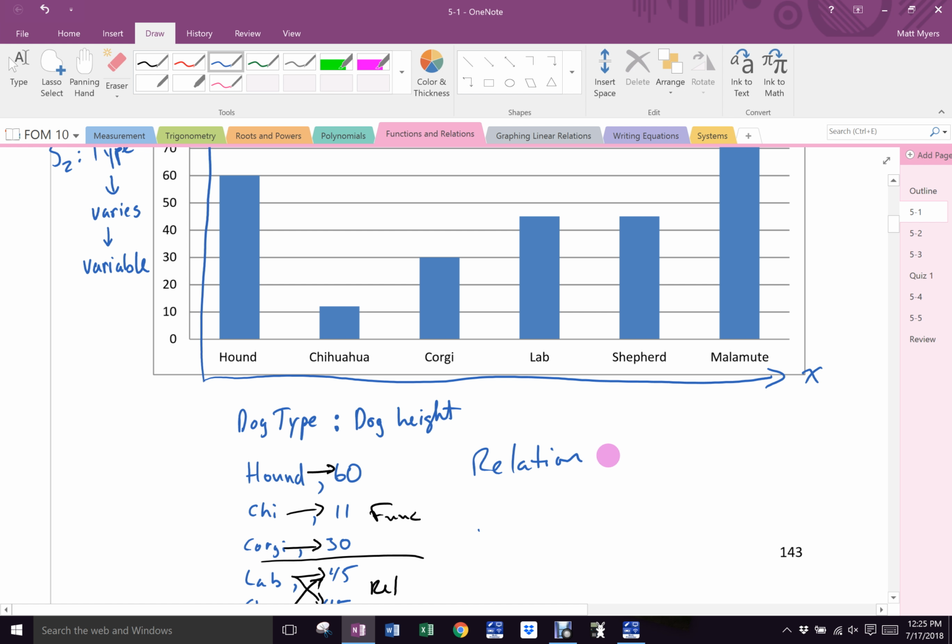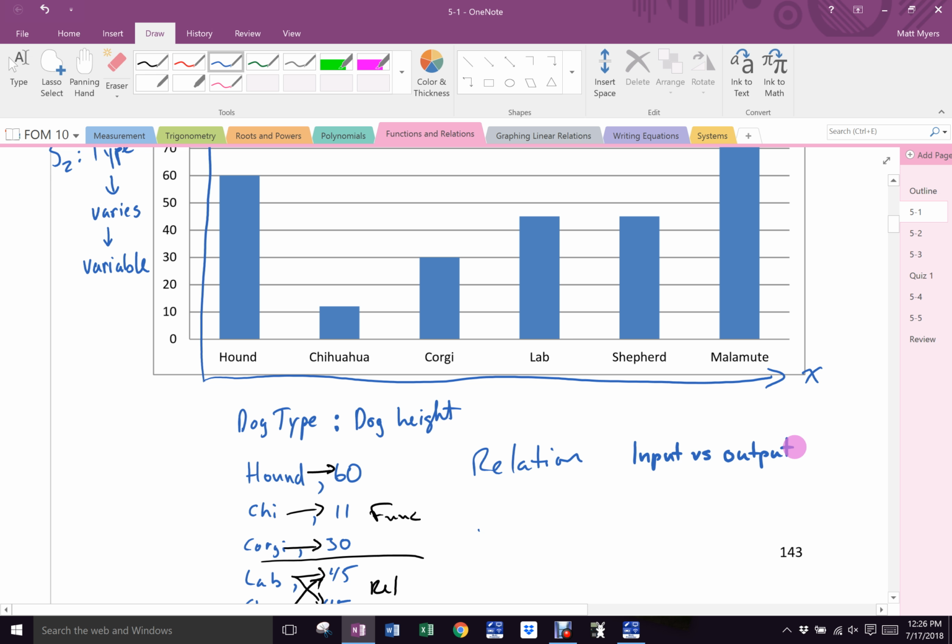Another way I like to remember it is this. Input versus output. If you want to know the height of the dog, I got to tell you the name of the dog, don't I? Right? If I say corgi, you know the height from looking at this chart, correct?